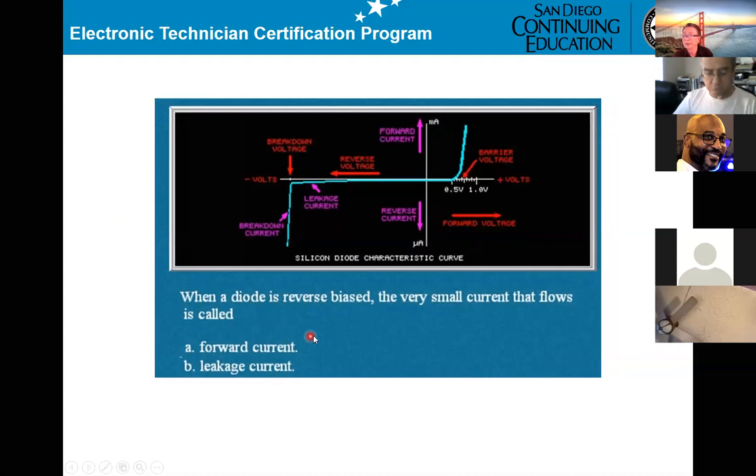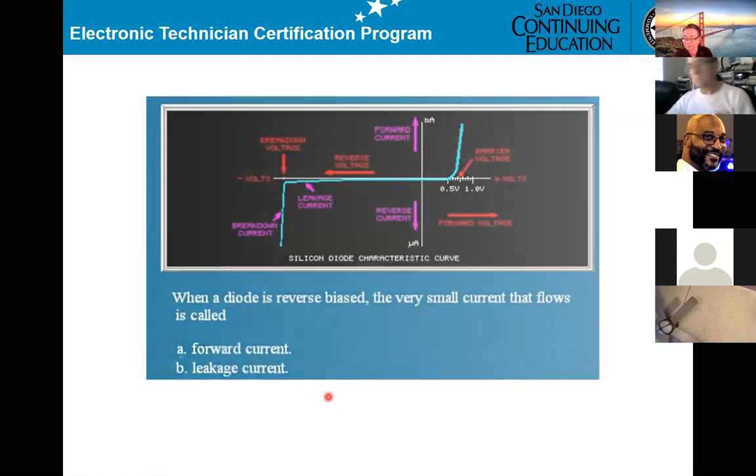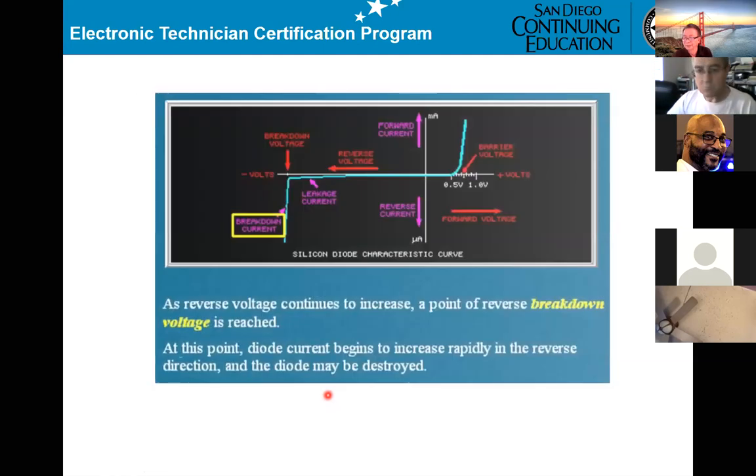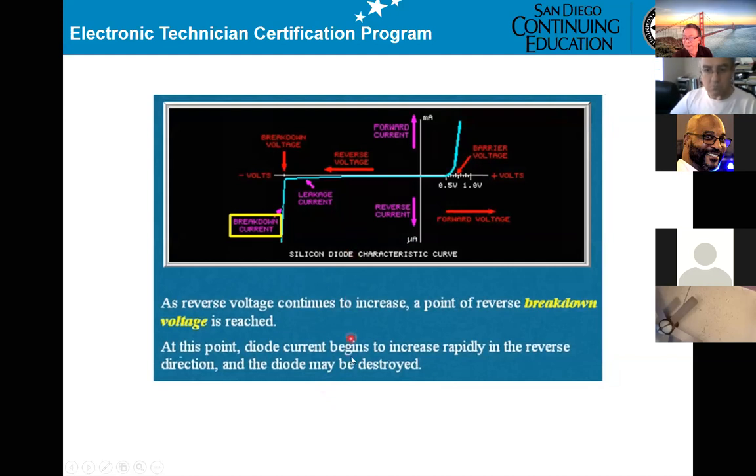Okay, when a diode is reverse biased, the small variable current that flows is called leakage current. B, leakage current. That's what they explained to you.